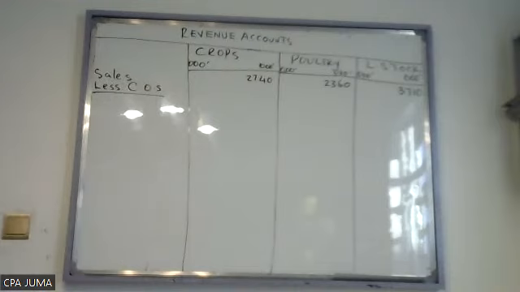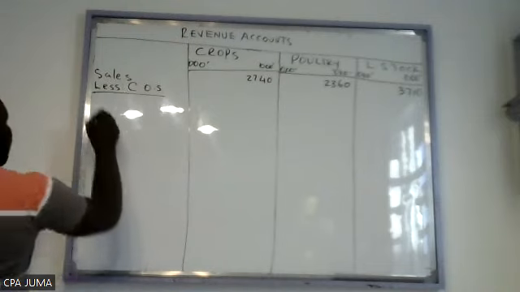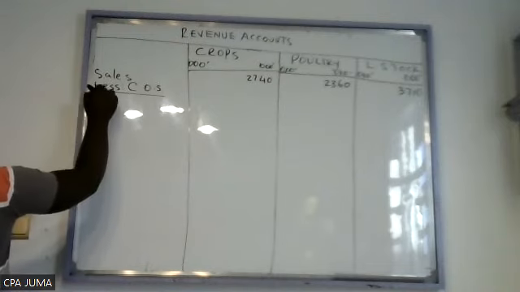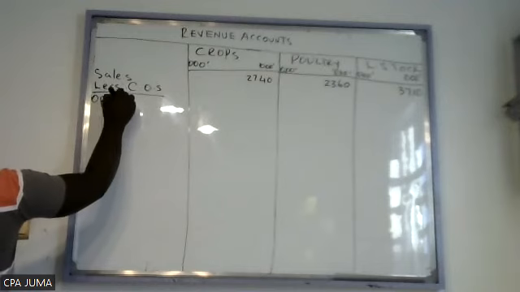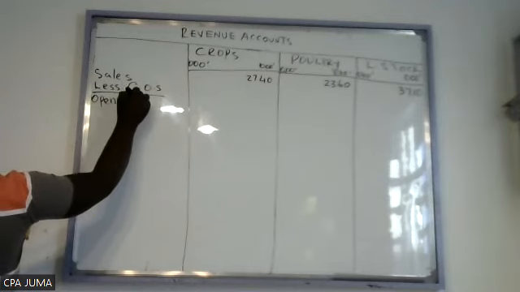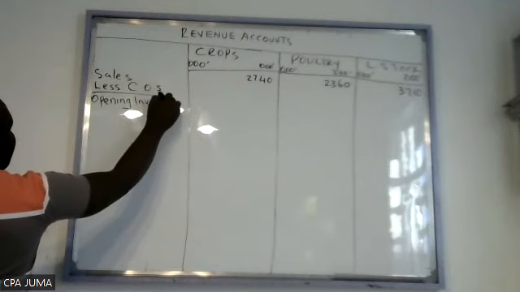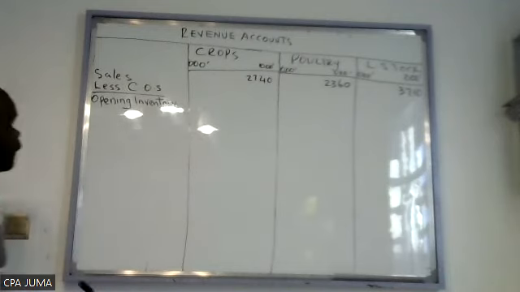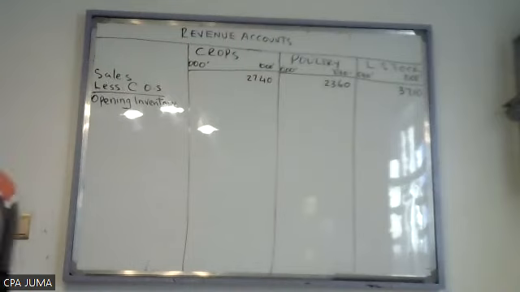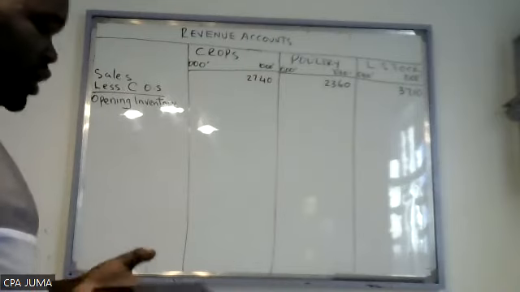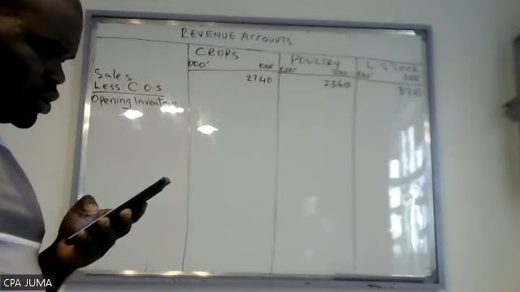Cost of sales. So for cost of sales, you say opening inventory. So you will go to crops, opening stock.